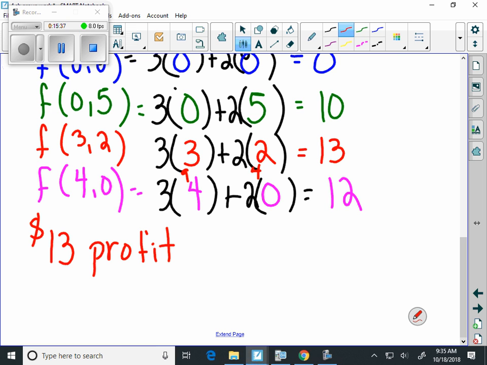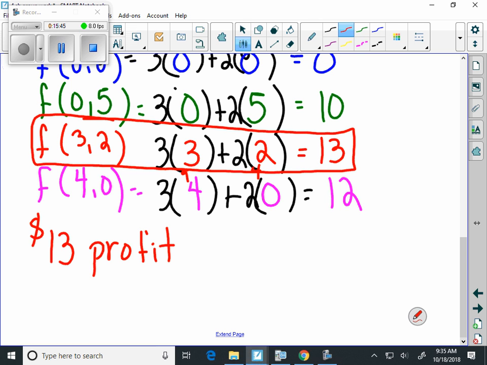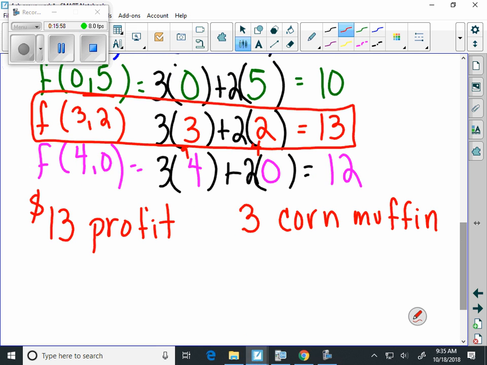And how are we doing that? Well, it goes back to the ordered pair that determined that $13, which is that we have to make 3 pans of corn muffins and 2 pans of bran muffins.